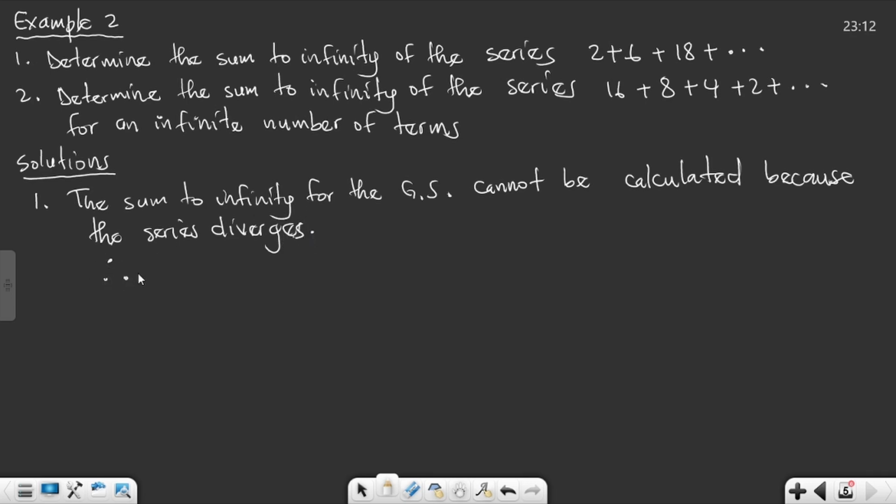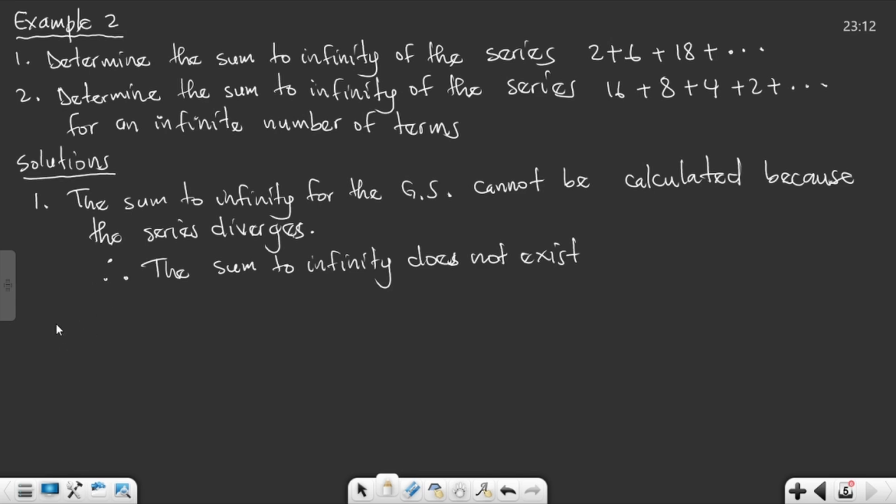Therefore, the sum to infinity does not exist. It does not exist because there is no ending here. The values are getting bigger and bigger. So this is a diverging geometric series. We cannot calculate the sum to infinity. So we'll say the sum to infinity does not exist.